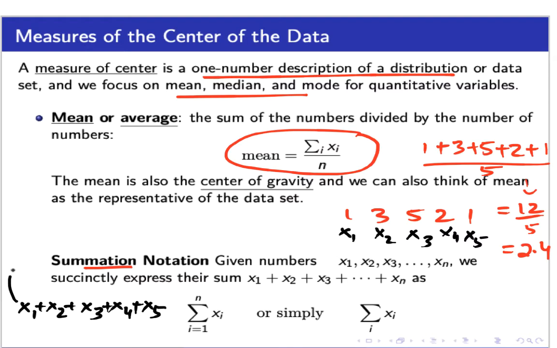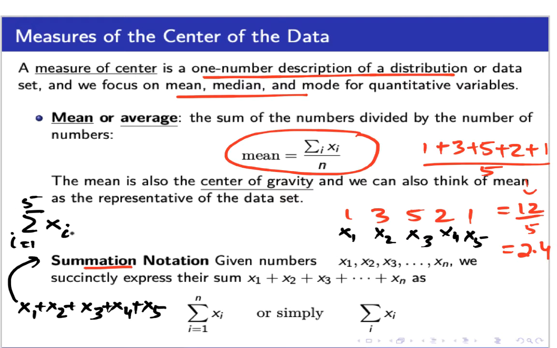What we do is we say, you see, x is the variable, but the part which is changing is the subscript 1, 2, 3. So we say this is the index which is changing, i. Now i starts from 1 and goes till 5.